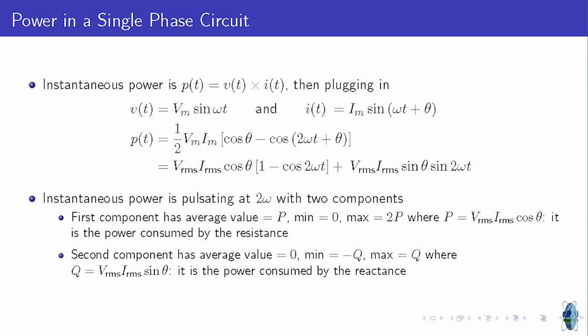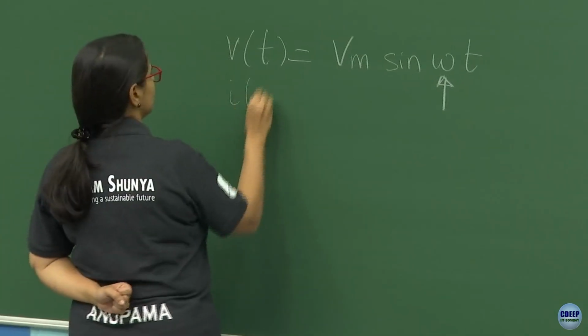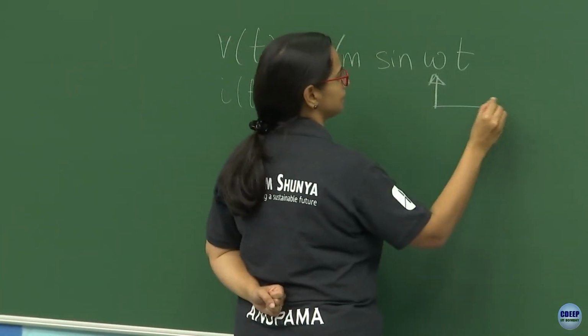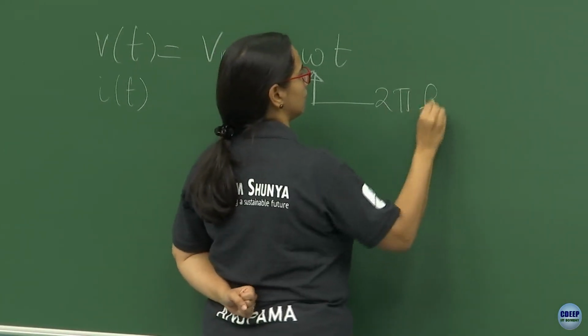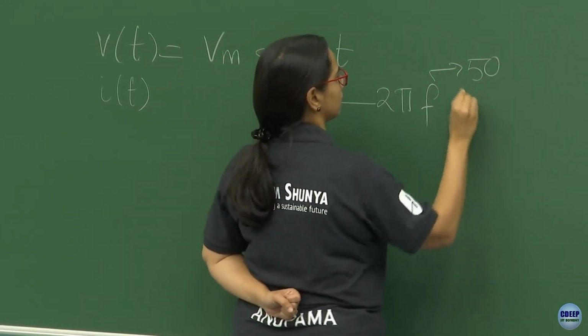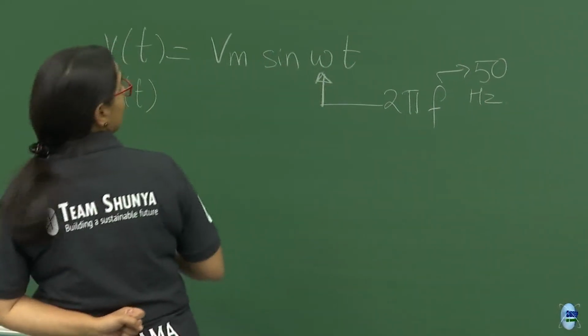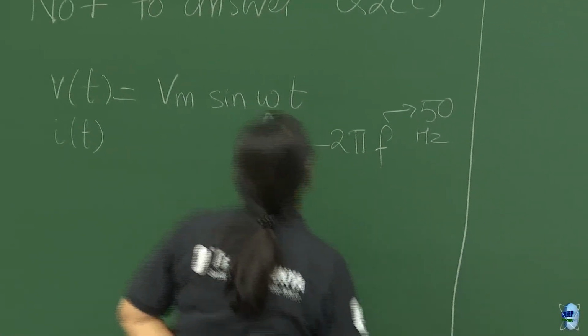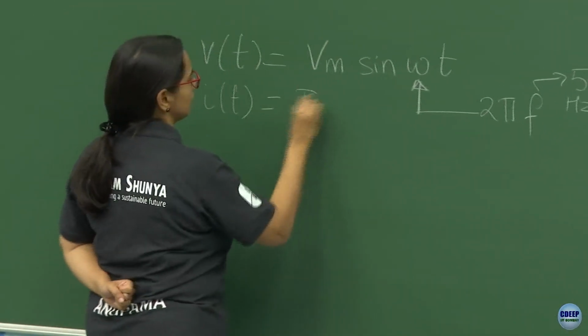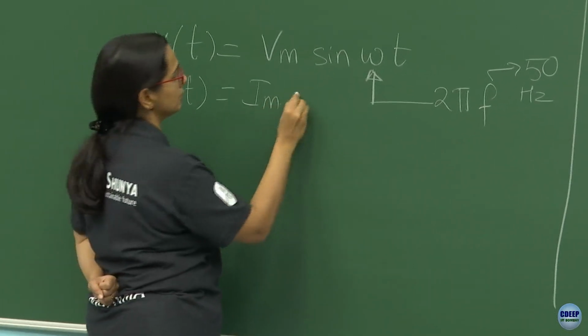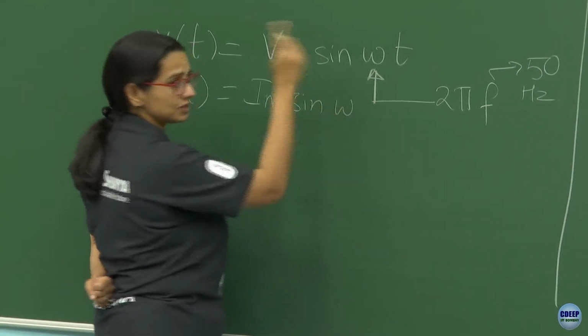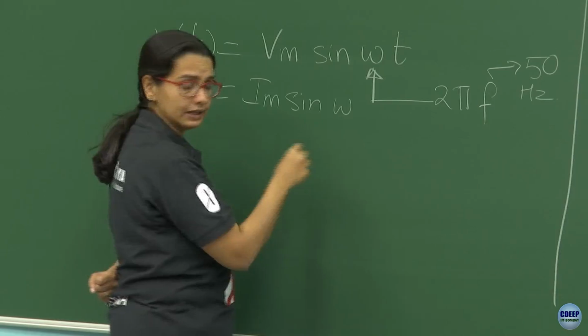The current that is being fed through with this voltage, I'm going to represent again as some magnitude, same frequency, because the forcing function is the same.